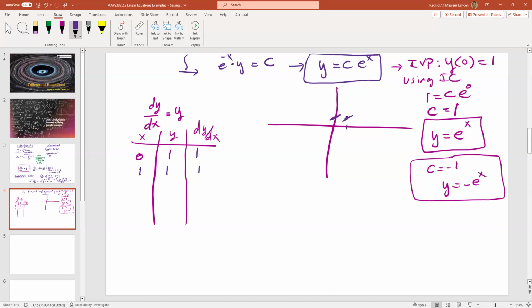The slope is 1. So that's kind of what's good with this autonomous property here, that it gives you the idea on this kind of a slope field or direction field.